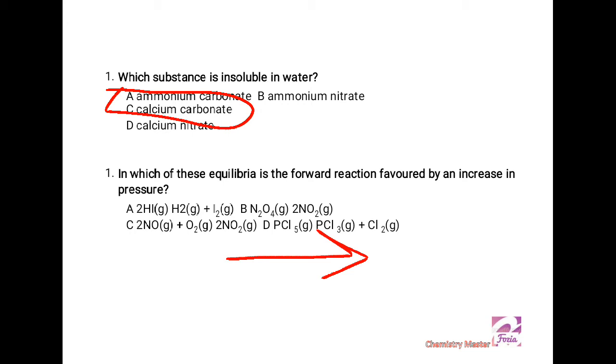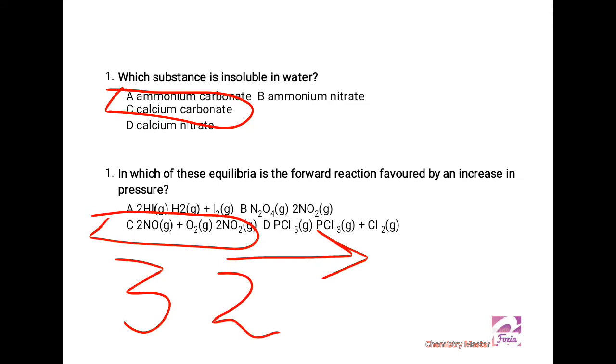Maybe you find a reaction in which 2 plus 3 moles of gas are present on the reactant side, and only 2 moles of gas, nitrogen dioxide, are produced. So when you increase the pressure, it favors the forward reaction.